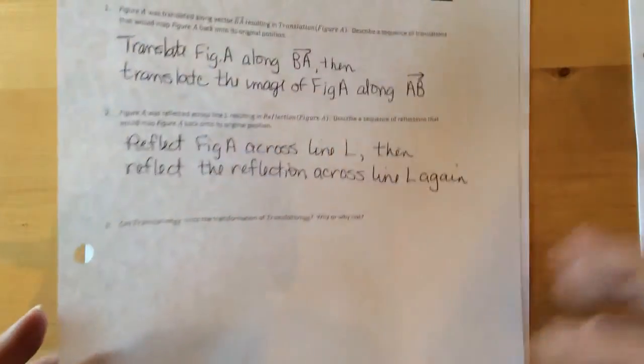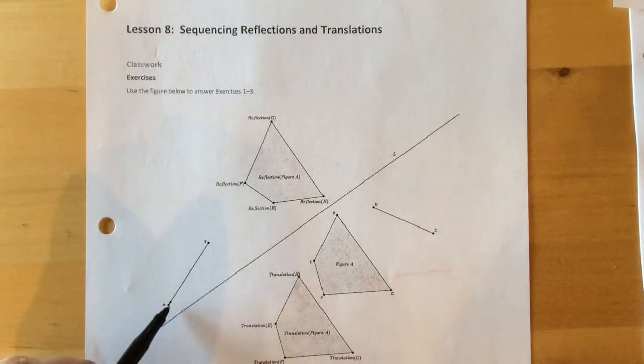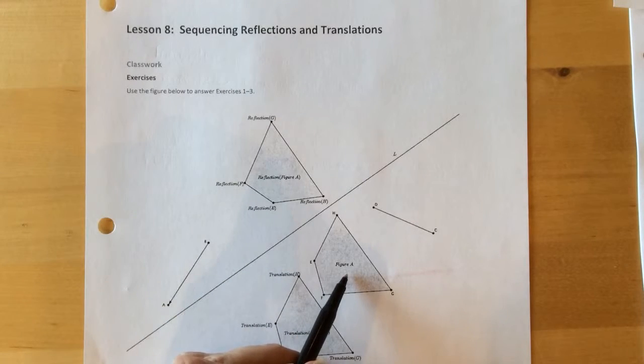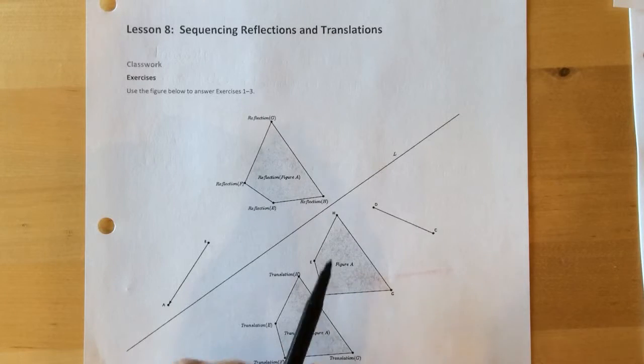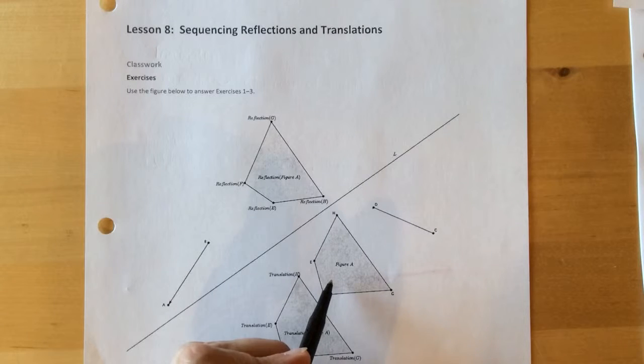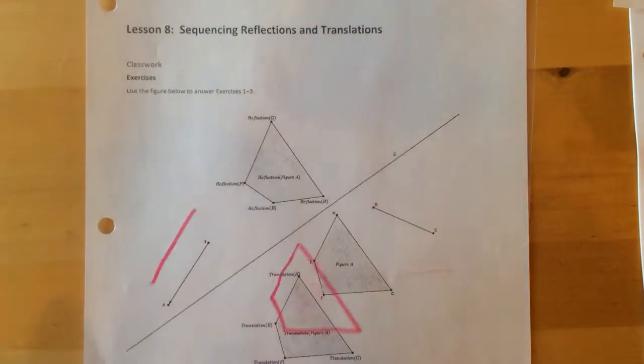Okay, so here's a question. Can translation BA, and that's this vector over here, of figure A undo the transformation DC of figure A? Why or why not? Well, hopefully you can see that I've still got this drawn.